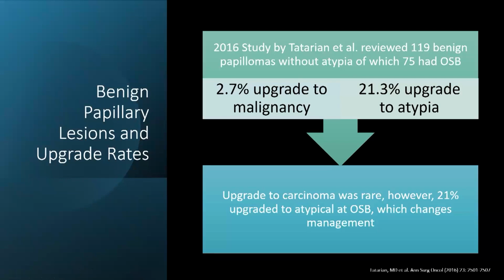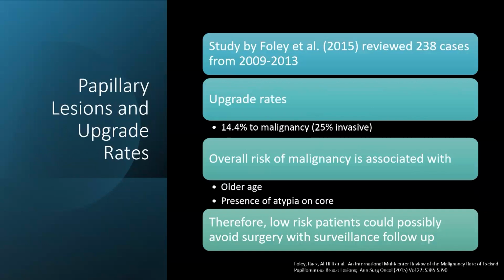And 75 of these benign papillomas were surgically removed. There was a 2.7% upgrade to cancer and 21.3% upgrade to atypia. So upgrade to cancer was kind of rare, 2.7%. However, over 21% were upgraded to atypical. That may change management for these patients. So even with the benign, you can't discount it altogether.